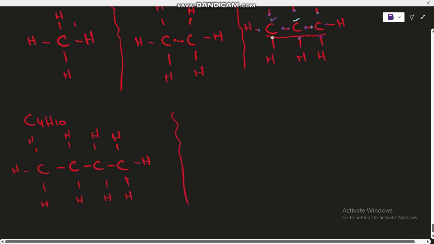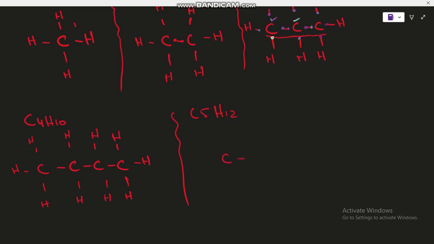Okay, so this is C4H10. Let's draw C5H12. So this is 1, 2, 3, 4, 5, and all the hydrogens are placed here. So this is how we have drawn the structures.